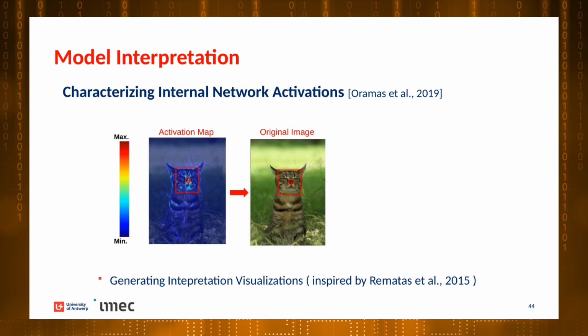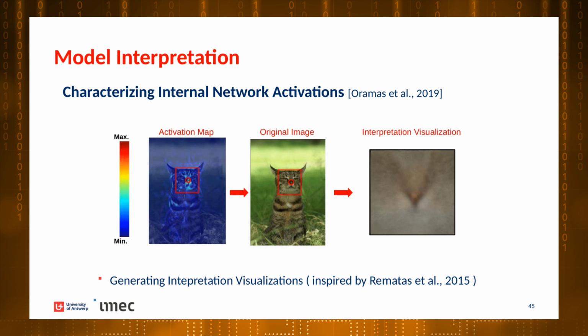Repeating this process for all the images of this class, in this case the cat, I will take all those small regions that you see in the middle, and I can do an average image. And I will come to something like this, where what you see on the right side is actually a visualization of what the feature that is so important looks like. In this case, we see that it really looks like the nose and part of the mouth of the cat. So that's one of the features that is important for that specific type of cat.